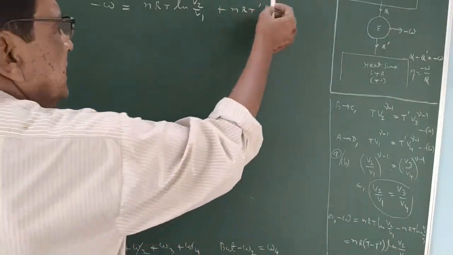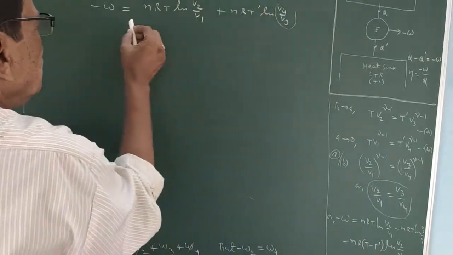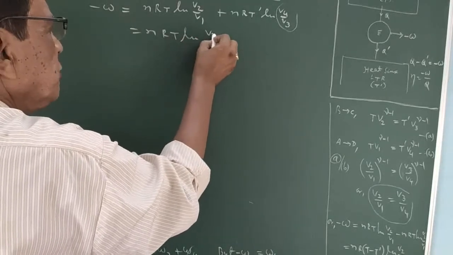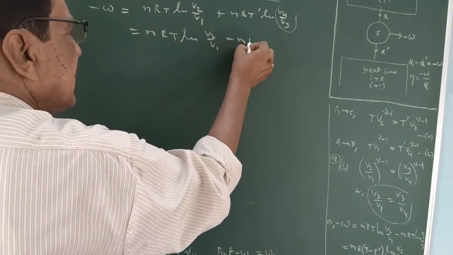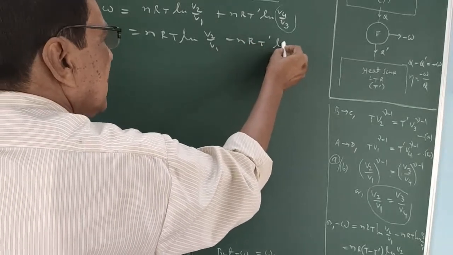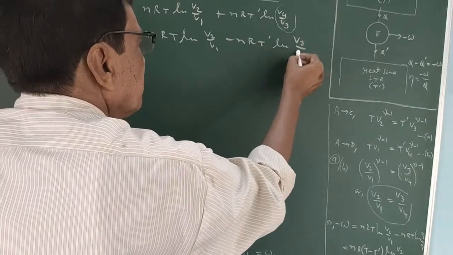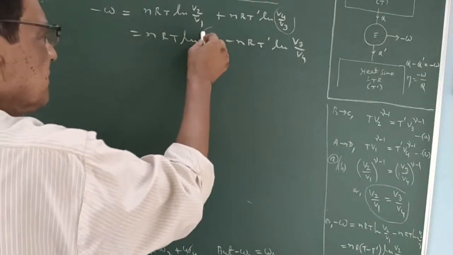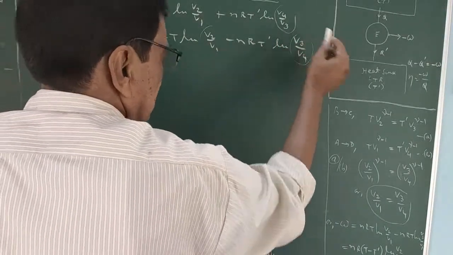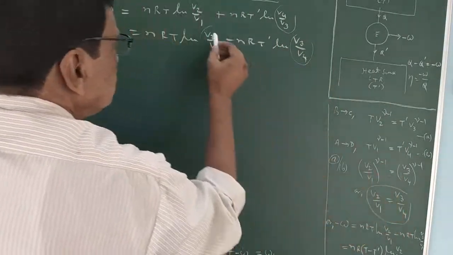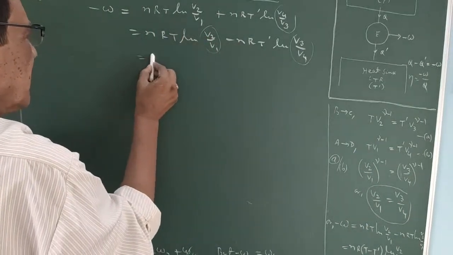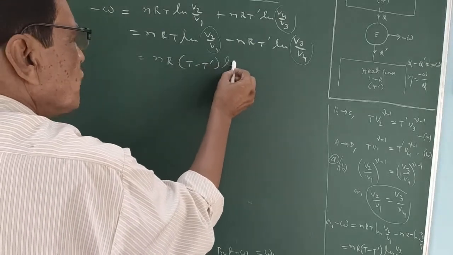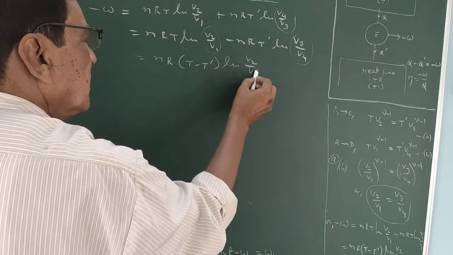So instead of writing this one, we can also write nRT ln V2 by V1 and minus nRT dash ln V3 by V4, getting this upside down, and since V3 by V4 equal to V2 by V1, we can write nR, T minus T dash, and ln V2 by V1.